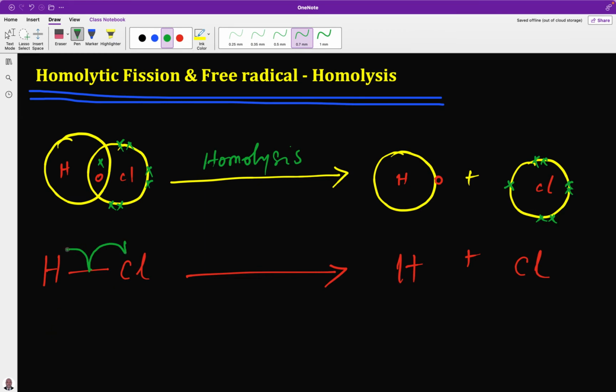If the arrow was double-headed, it means the pair of electrons is going to one place. This one signifies the movement of only one electron. This one also signifies the movement of only one electron. But a double-headed arrow signifies the movement of a pair of electrons.